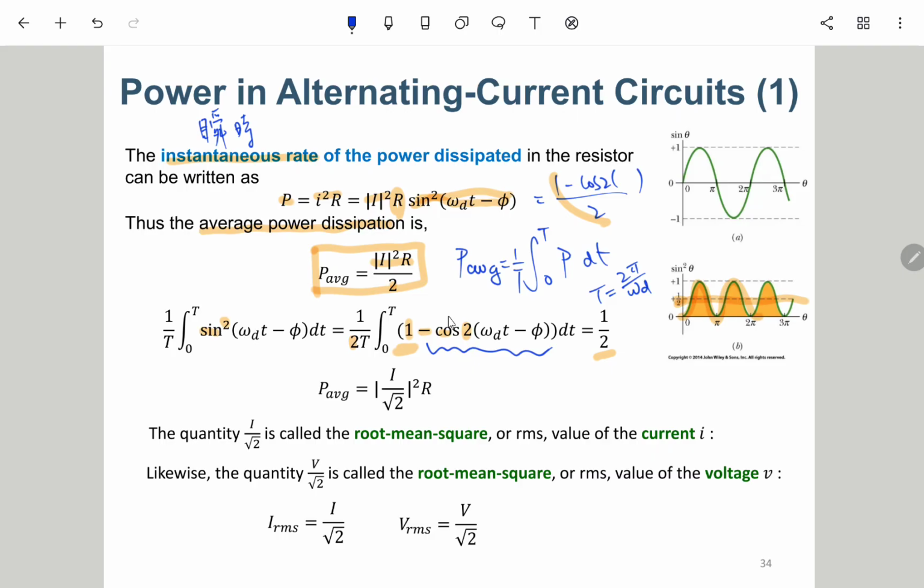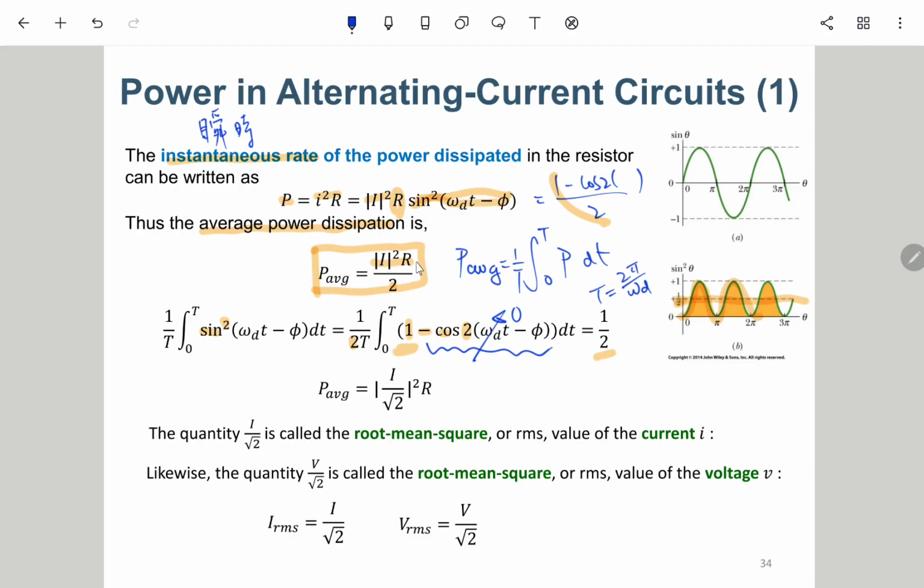If you take the average of a sine wave, the positive part and the negative part cancel each other over a period. So finally, this thing has an average value of 1/2. That's why P average will be half of the absolute value of I squared R.